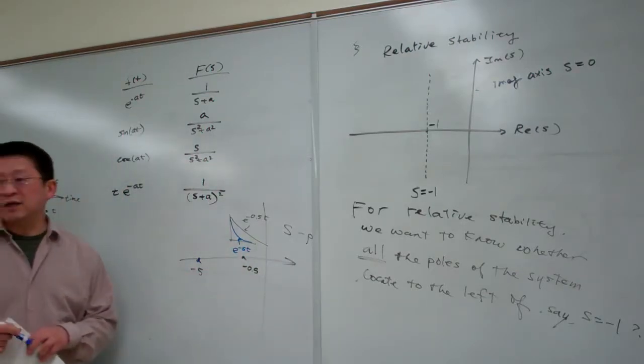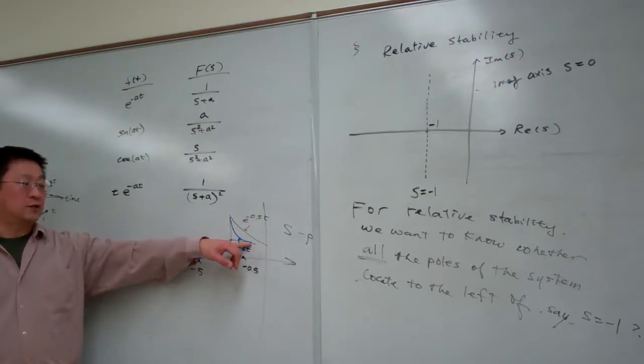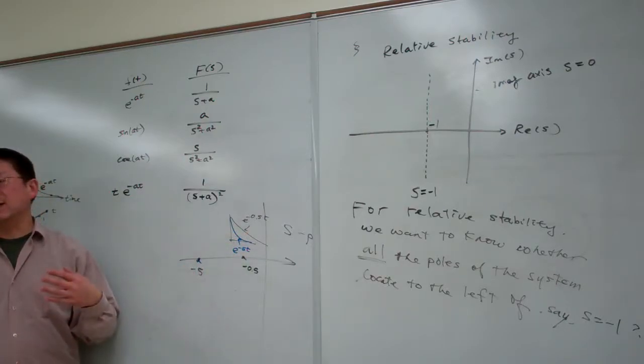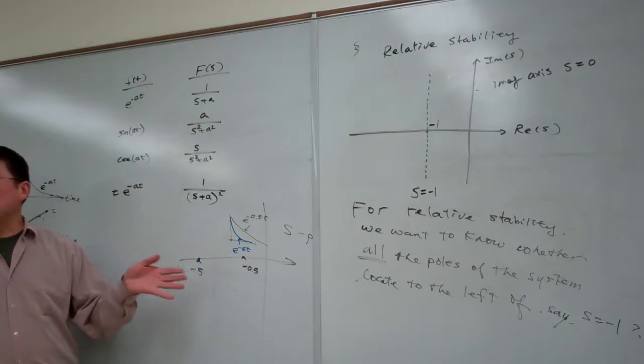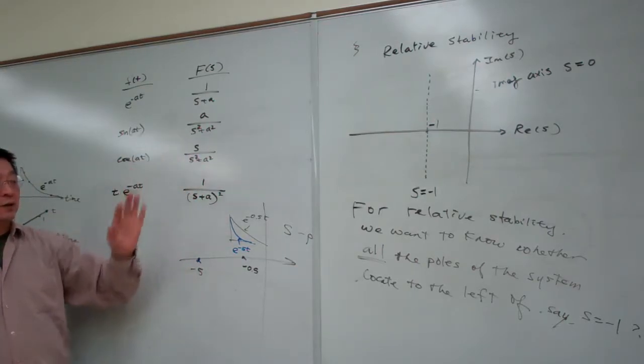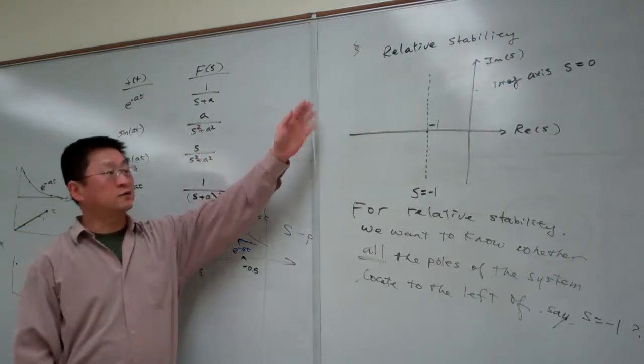So we say the system is more stable, that means the system decays faster to 0. This one decays slower, so the system is stable but less stable compared to this one. Using this technique, we can even quantify whether the system is more stable or not, so we call it relative stability.